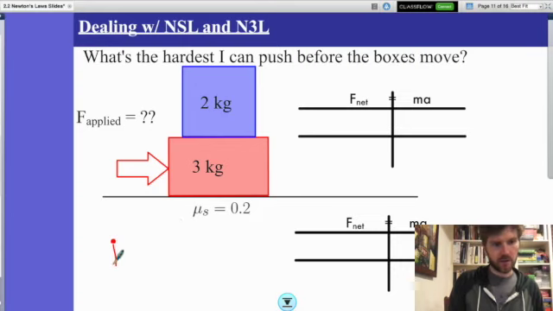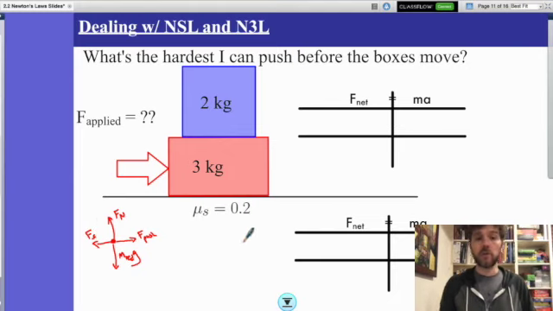It's going to have gravity down, m_red g. It's going to have the normal force from the floor up. It's going to have my push this way. And if I'm pushing to the right, static friction is going to go to the left.